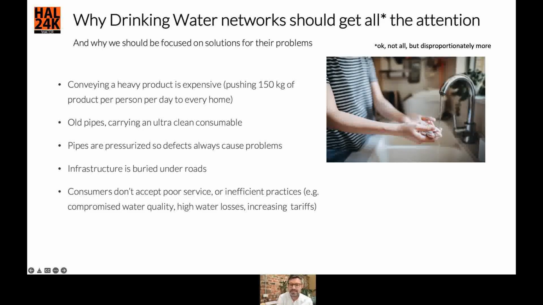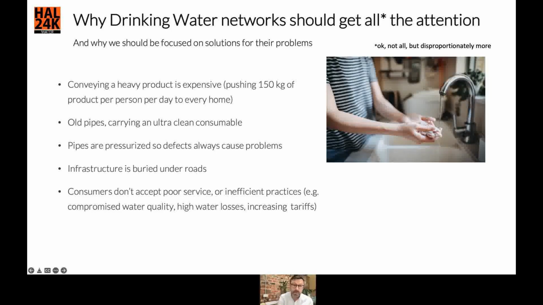If Amazon had to deliver that for you in bottles, that would be a huge, not just quantity, but a huge weight. That's a big challenge to be delivering to every single household. And actually that's per person. So if you're a household of 4 like me, that's 600 kilograms of product being delivered every day. That's a challenge. But we're not doing that in vans or in vehicles.